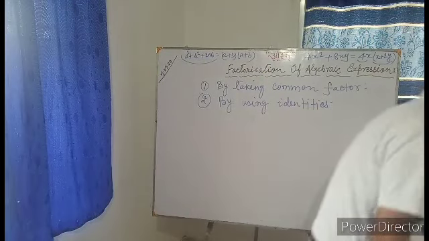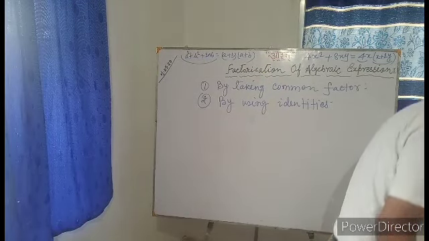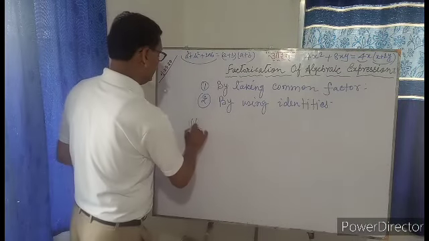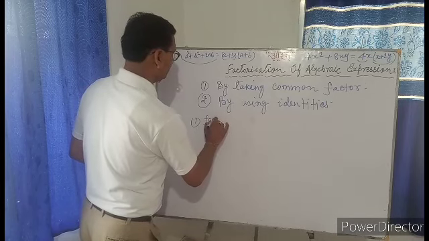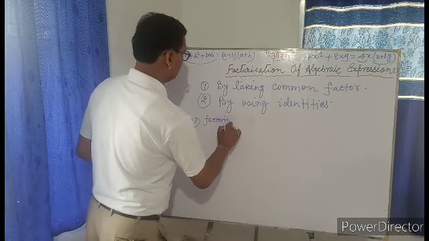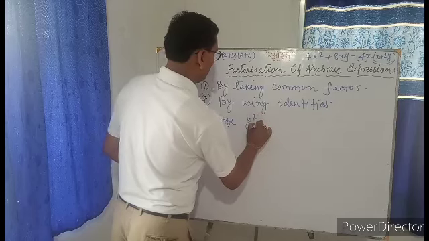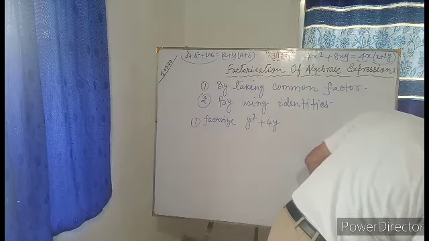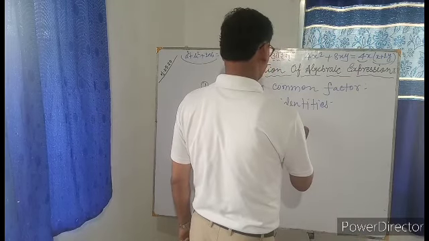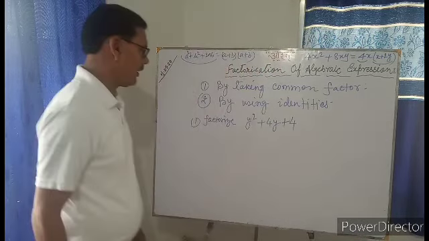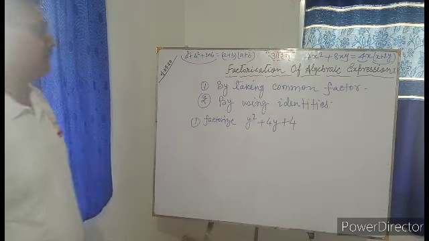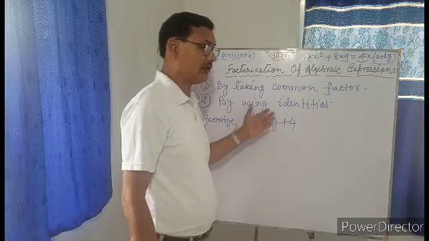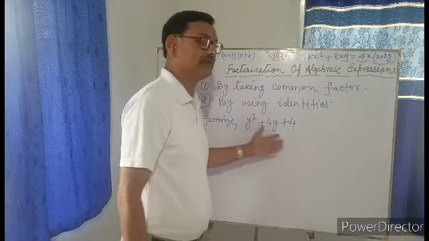Let us see a question, factorize y² plus 4y plus 4. Let us see on which identity it is based. First of all, we have to understand the identity on which this expression is based.